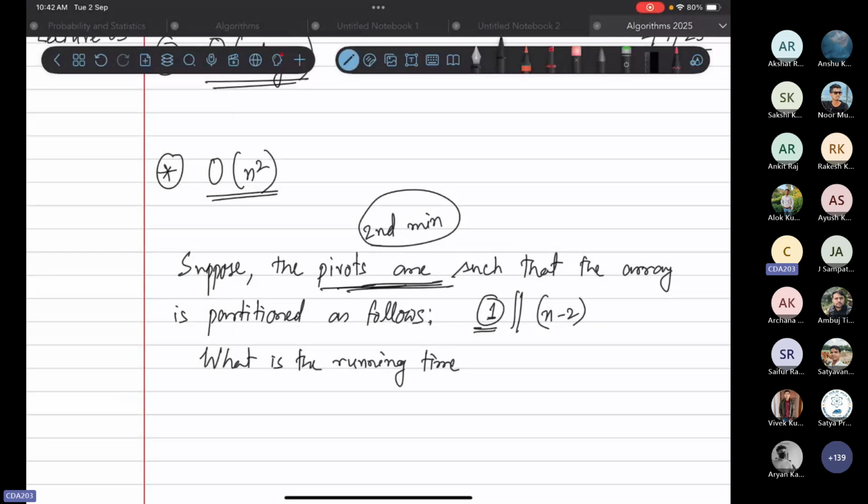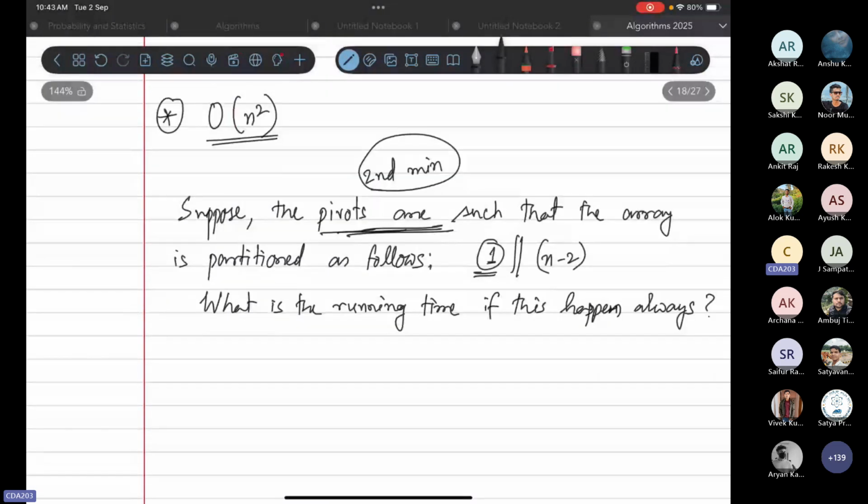What is the running time if this happens always? Right. So every time you are going to pick the second minimum element. So can you tell me what would be the running time? Or first tell me the recurrence relation.